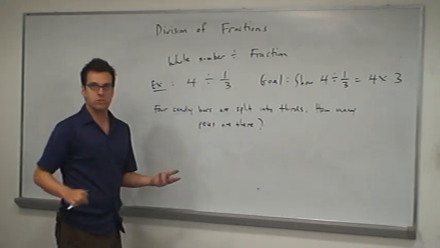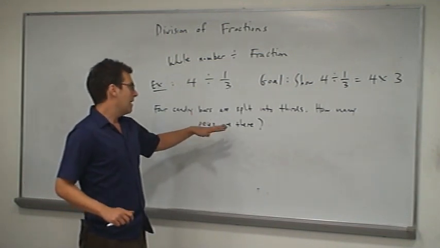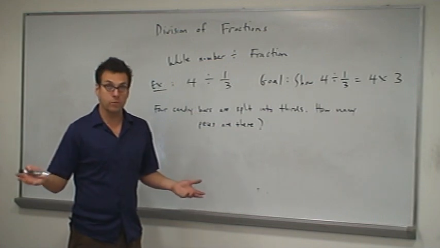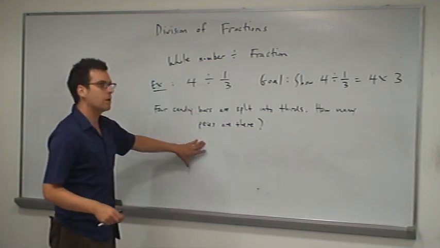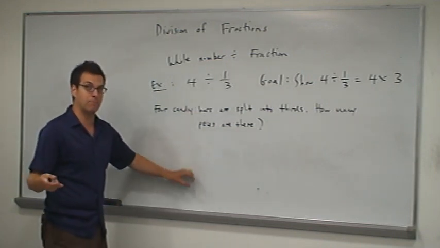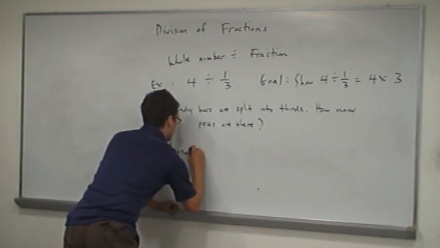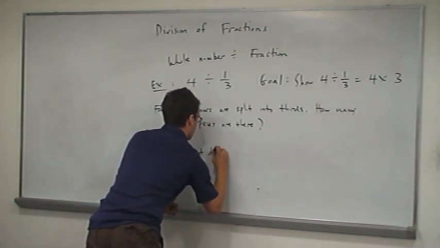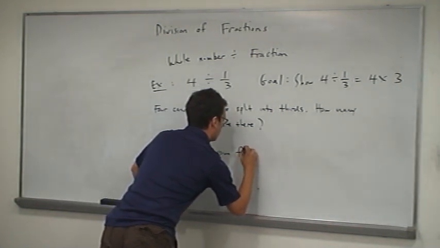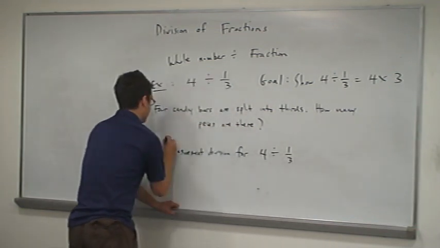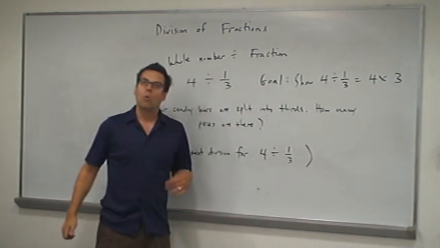And it's important for students to be able to recognize, as they read this question, before you actually solve the problem, what arithmetic is needed to solve this problem. This is a problem that illustrates 4 divided by 1/3 with measurement division. So this is measurement division for 4 divided by 1/3. Again, remember our discussion of measurement division.